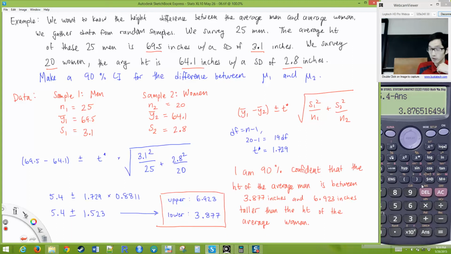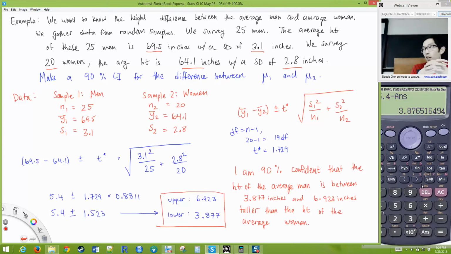So basically, I'm saying that I'm 90% confident that the average male is somewhere between 4 and 7 inches taller. I'm just rounding off grossly, okay?